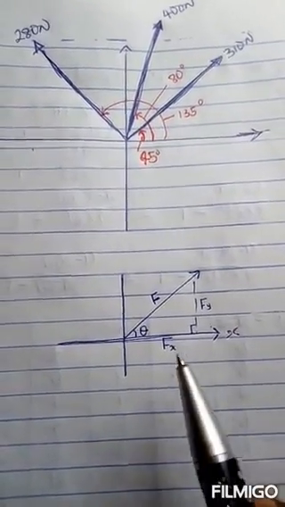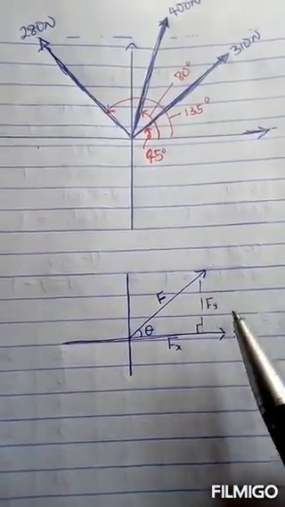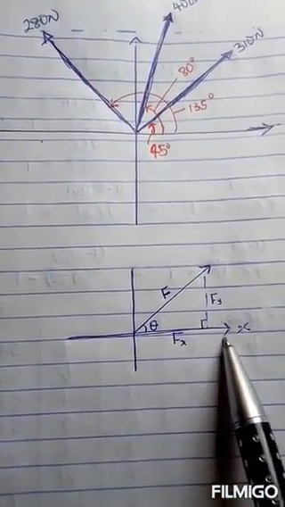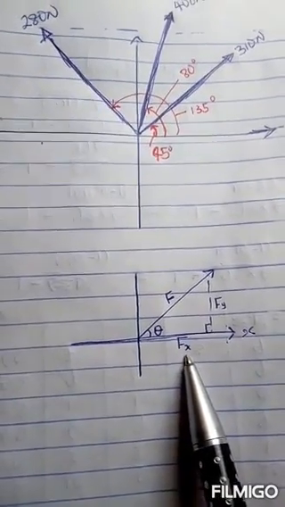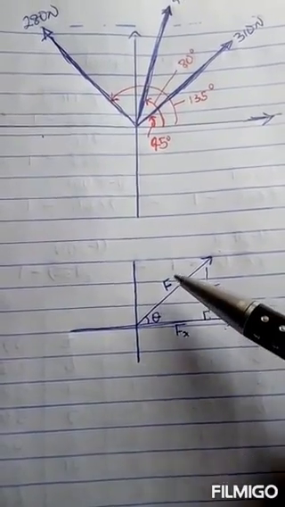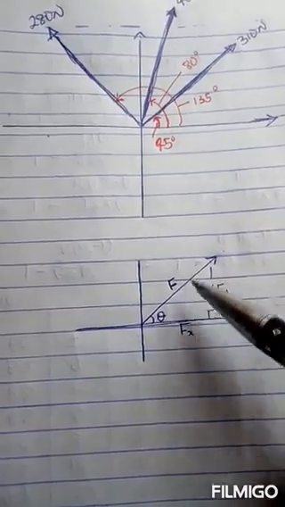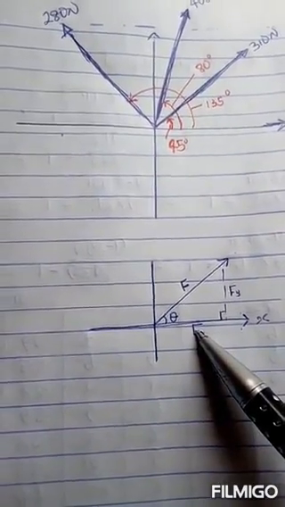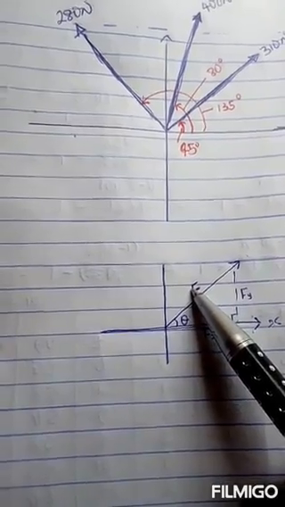So this is a force in this direction. To get the horizontal component force, that is F subscript x, you use this trigonometric ratio. If you relate it with the force here, this is the hypotenuse, this is the adjacent. So adjacent over hypotenuse is cos.